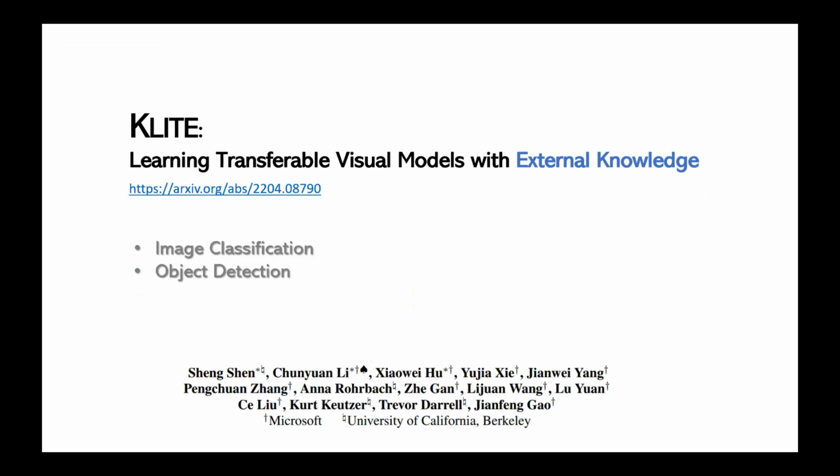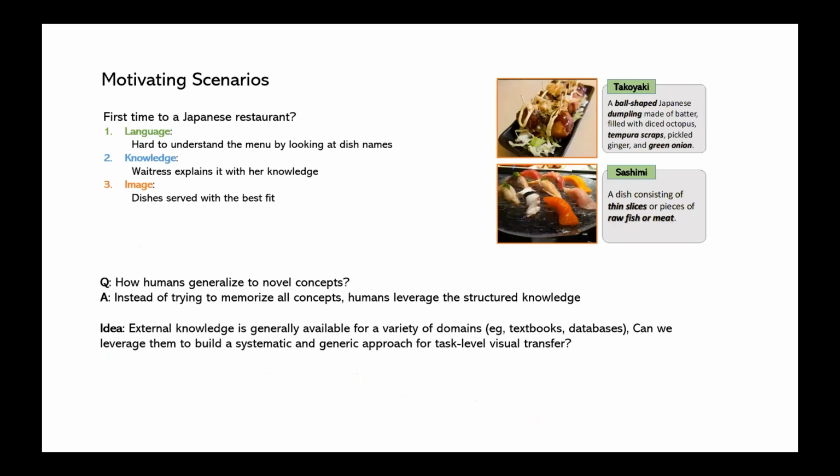Okay, the first part: how can we train a generic visual backbone by leveraging external knowledge? Let me start with a motivating example. Leveraging external knowledge is actually a very common approach for us human beings to make visual recognition decisions in our daily life. Imagine the first time we are in a Japanese restaurant and we are offered a menu with different dish names only.